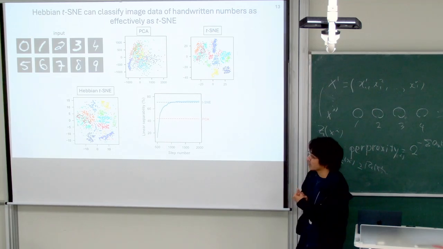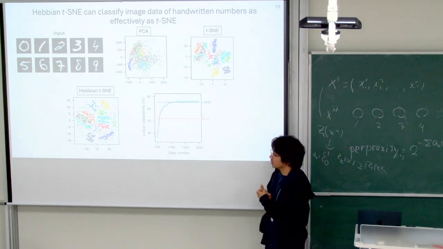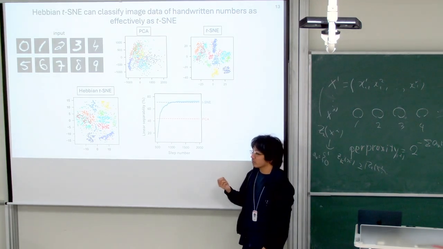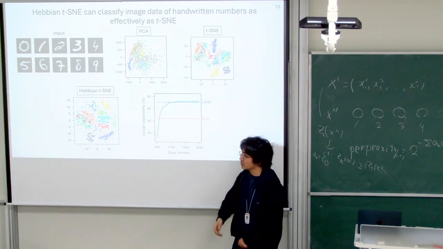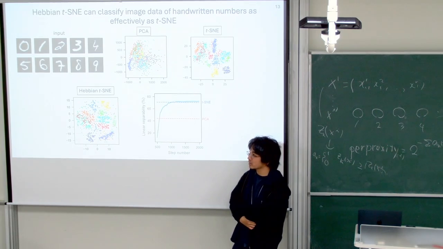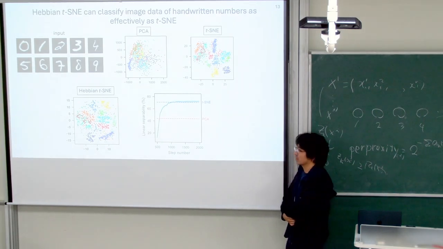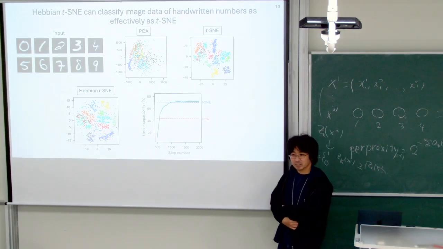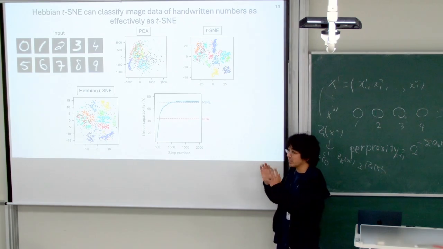So here's a question: we have t-SNE already, so why do they want this? Because you want to encode it in biological neurons. The olfactory system, or the visual system, it's the same. It mimics a real biological olfactory system.